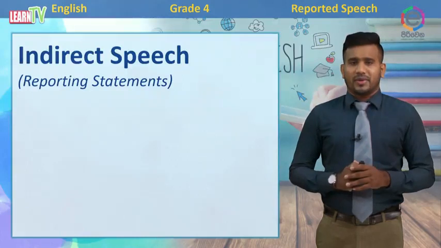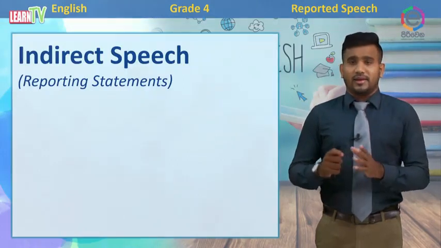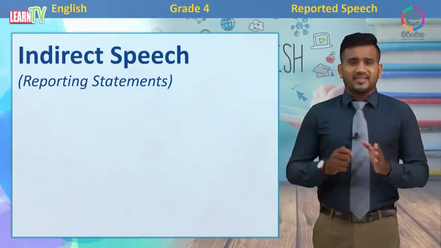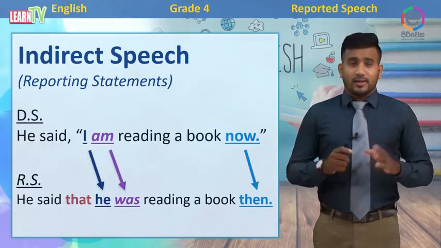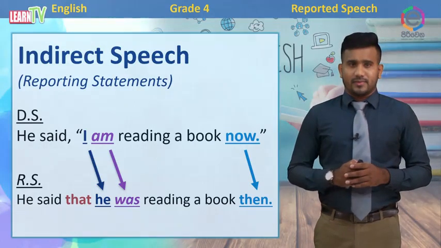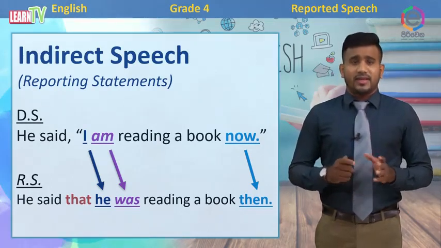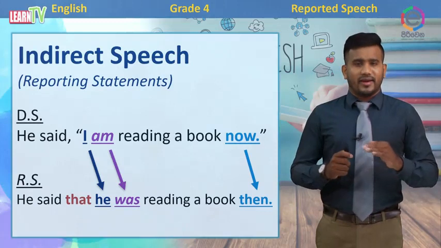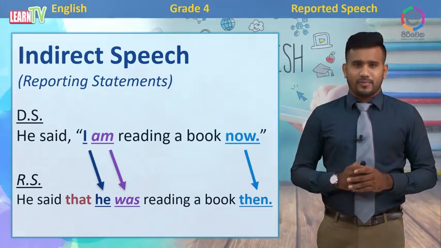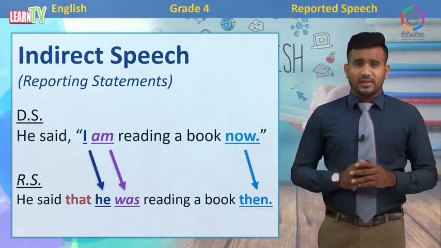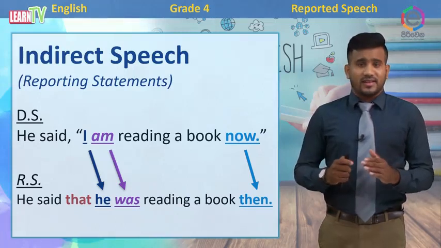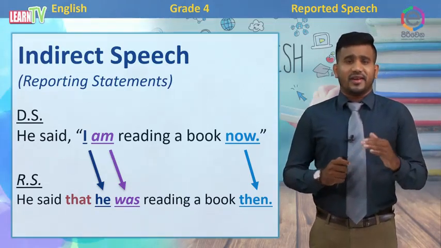Now you can see indirect speech. Reporting statements. Direct speech, DS means direct speech. He said, "I'm reading a book now." Reported speech. He said that he was reading a book then.